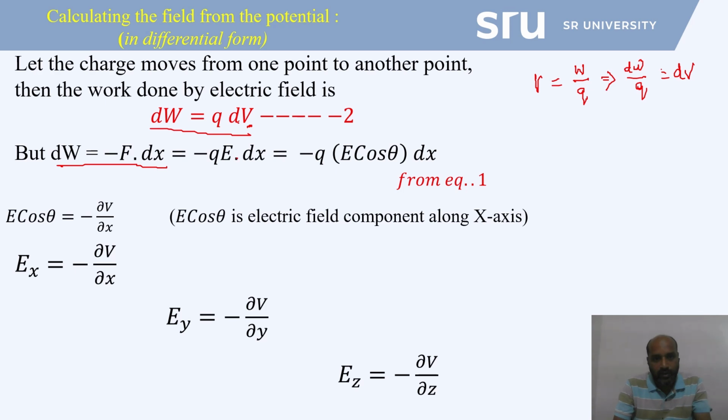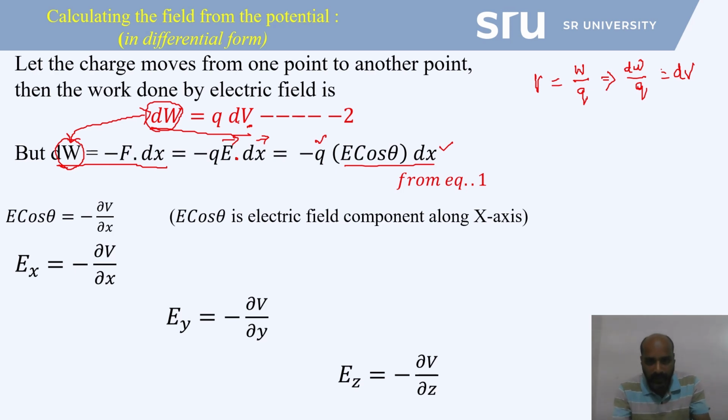If it is a dot product, Q is as it is. Now here the dot product is in between E and dx. So minus Q E cos theta dx. I mean we are giving the equation for work done in two ways. Now compare both the equations because both are for work done.